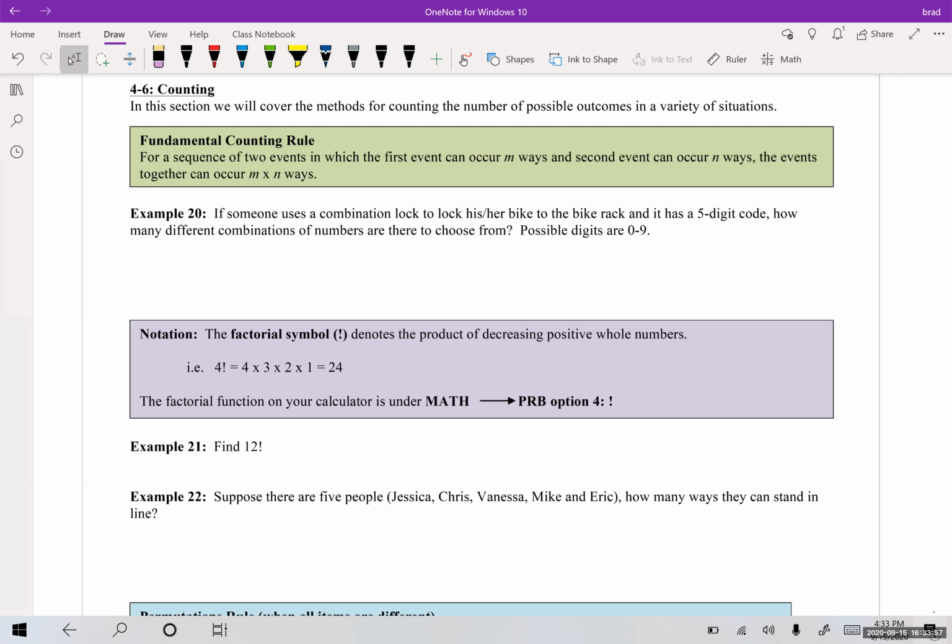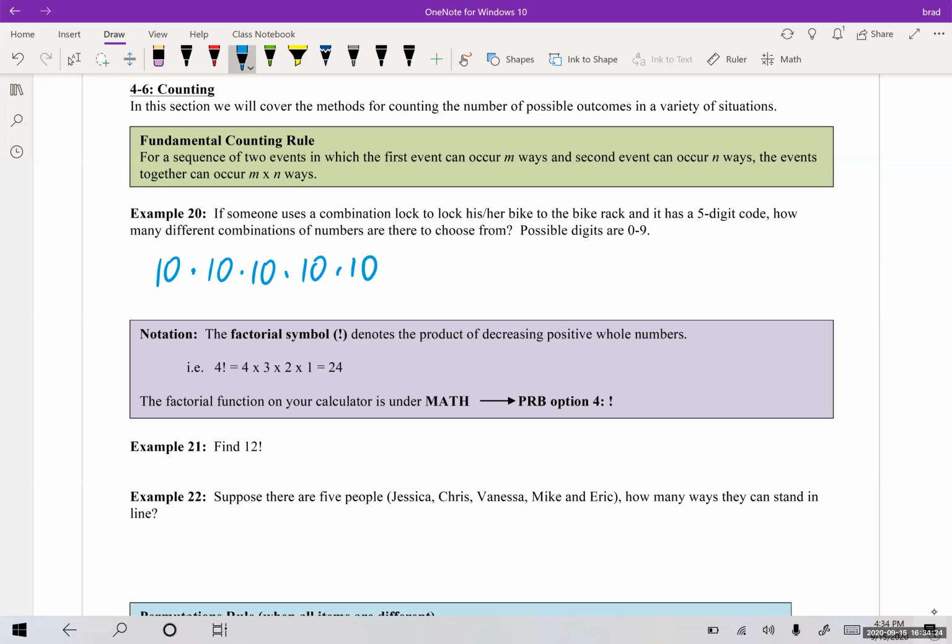Okay, so let me turn the page of my notes. Here we go. So we know possible digits are 0 to 9, 5-digit code. So there are 10 possibilities for the first one. The next number, there's 10 possibilities. The next number, 10 possibilities. The next number, 10 possibilities.